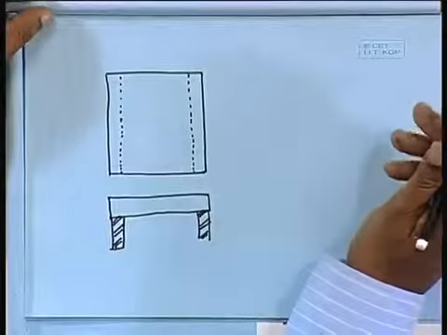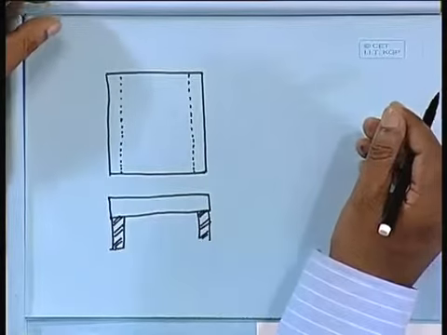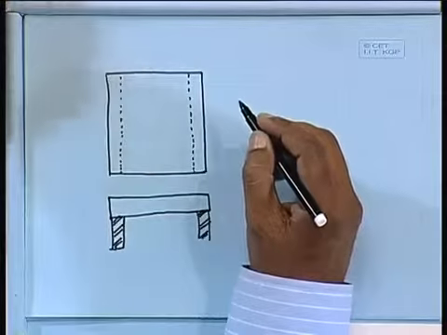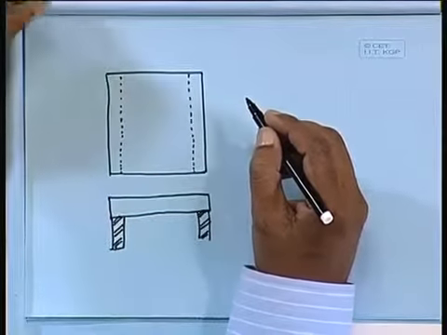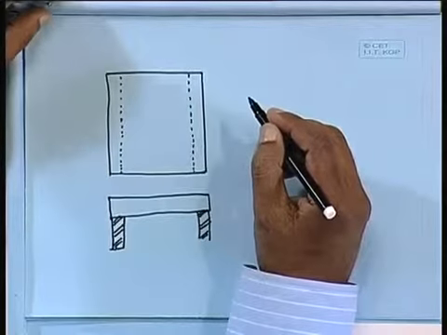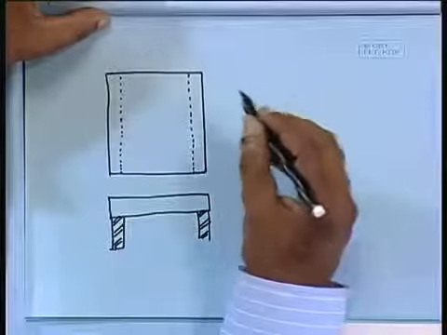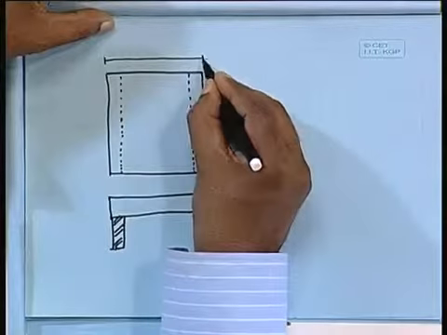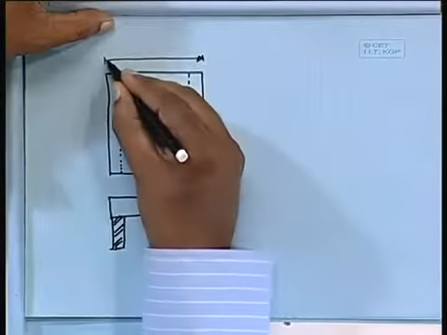What we shall do, we shall give one reinforcement. Our main reinforcement, how much have we provided? 10 torr at the rate of 150 millimeter center to center. And this is our span, 3640.